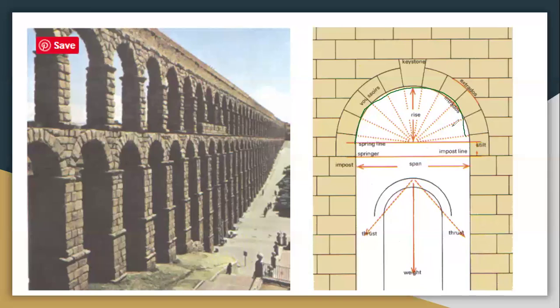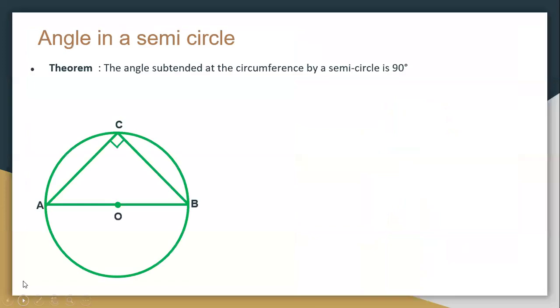But to come up with this architectural drawing, they use the ideas of these circle properties, when it comes to the computer work and other architectural drawings. And now today our theorem that we are looking at is called the angles in a semicircle.